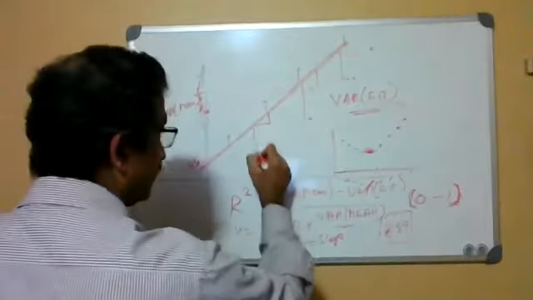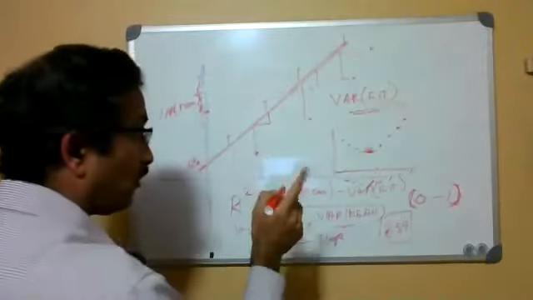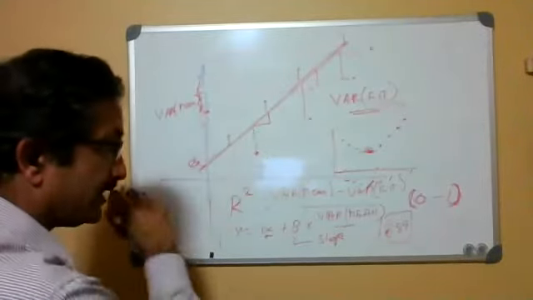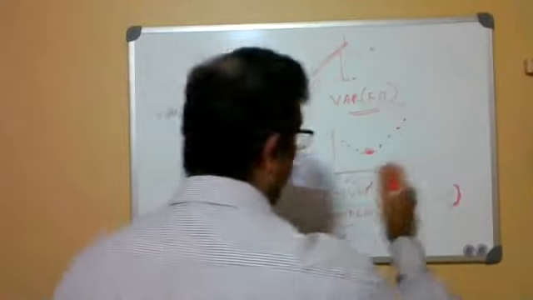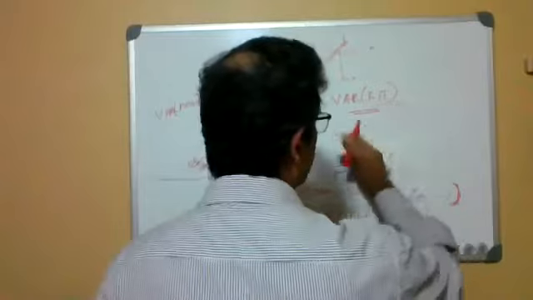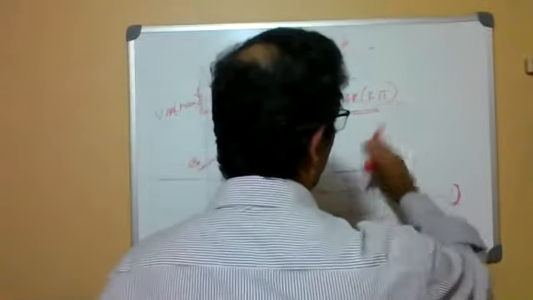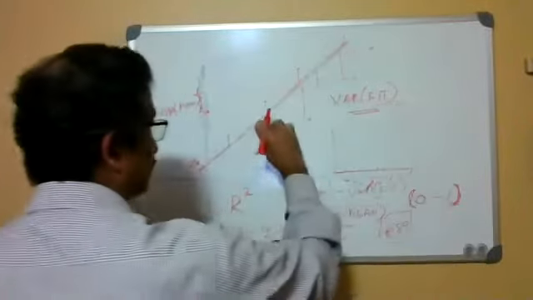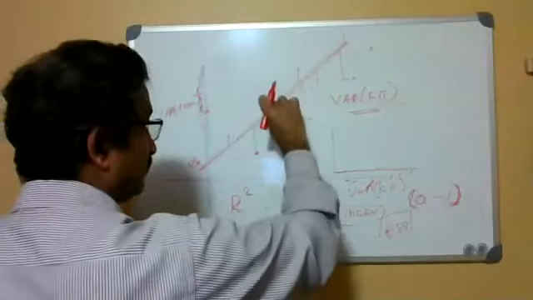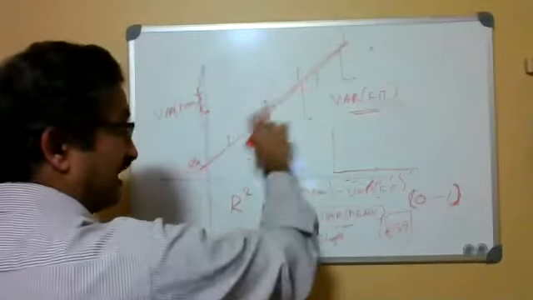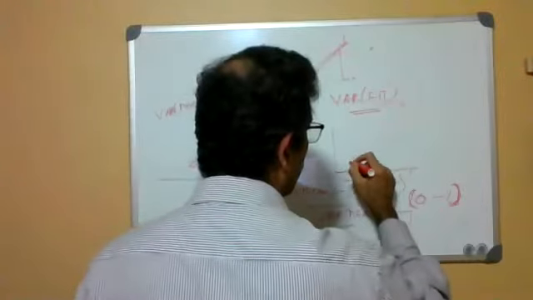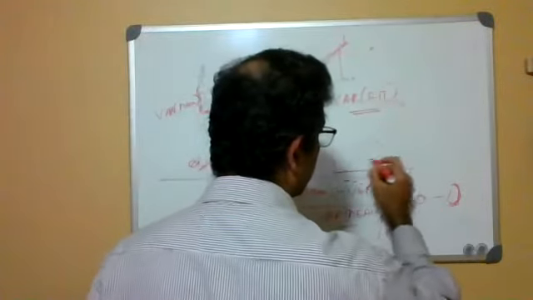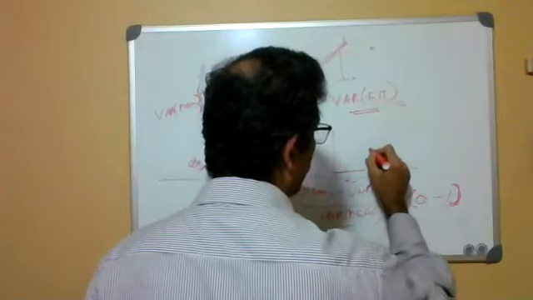So the residuals form a normal distribution. If you plot just the residuals, the errors from this particular line that we found, if you take this difference and plot it, you will get a normal distribution. So these are the residuals.